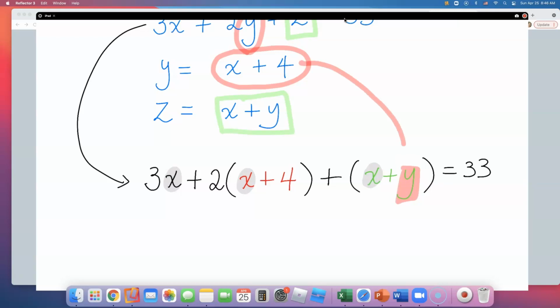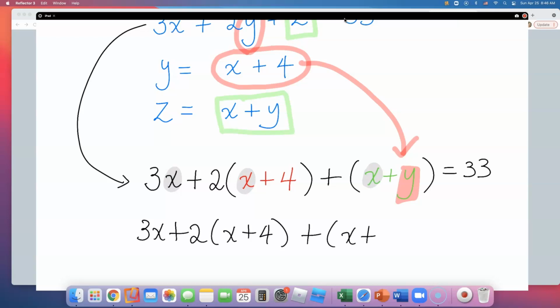That's what y is, so I'm going to substitute it one more time. That's going to be 3x plus 2 times (x plus 4), plus x plus (x plus 4), all that equals 33. This awkward looking x plus 4 is what y is. So I substituted.